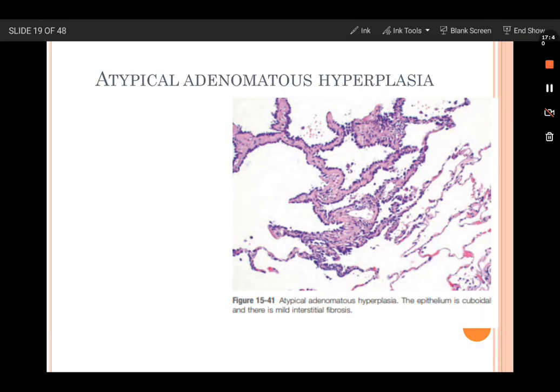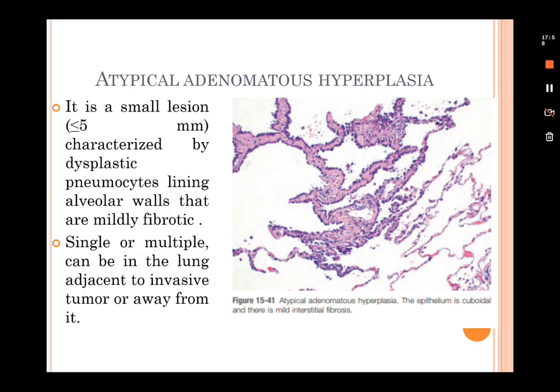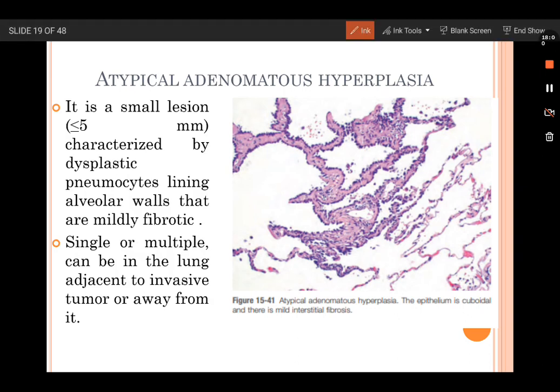Now coming to the morphology. Atypical adenomatous hyperplasia. We know the epithelium of the lung is pseudostratified columnar epithelium. But in atypical adenomatous hyperplasia, the epithelium has become cuboidal. It's a small lesion. Remember that you have to try to remember everything in points so that you don't forget it.